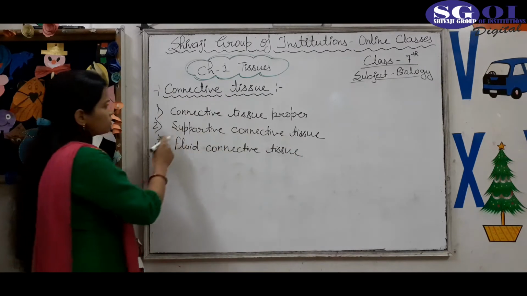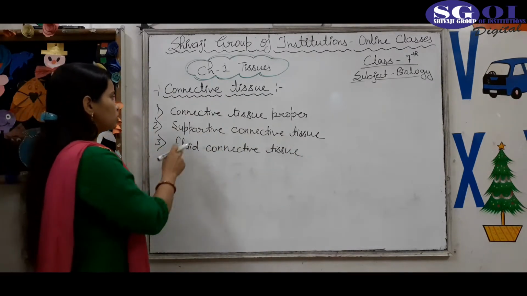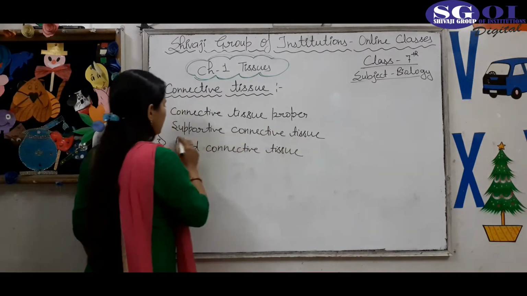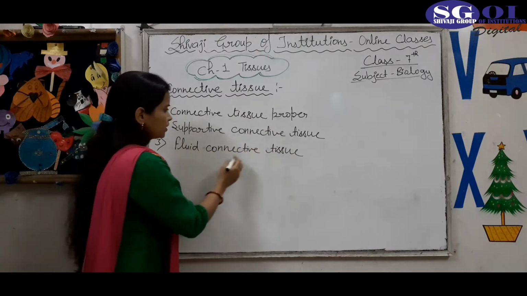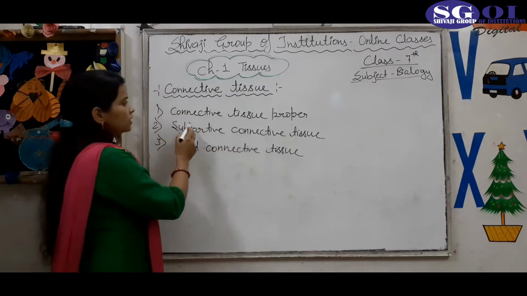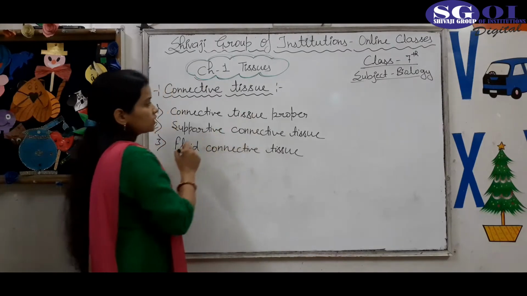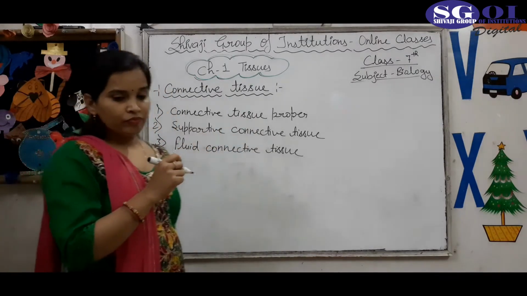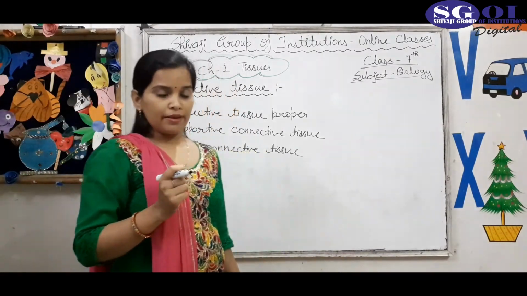So based on the structure and function, connective tissue is of three types: connective tissue proper, supportive connective tissue and fluid connective tissue. If you talk about the connective tissue proper, it is also of three types.